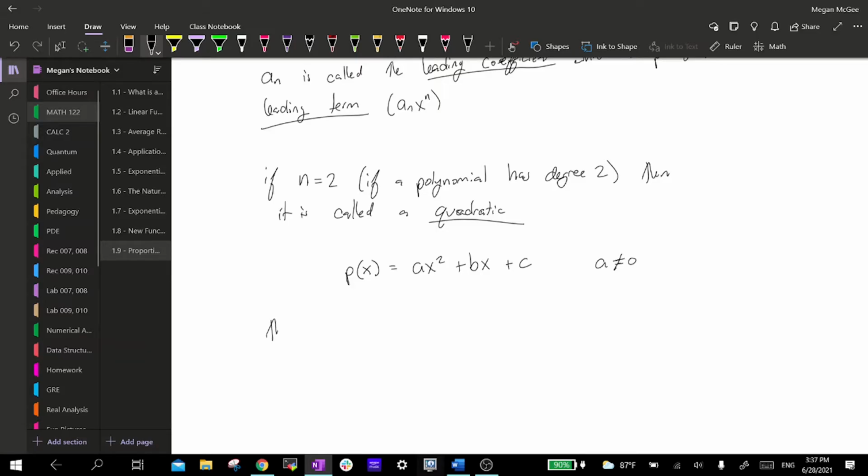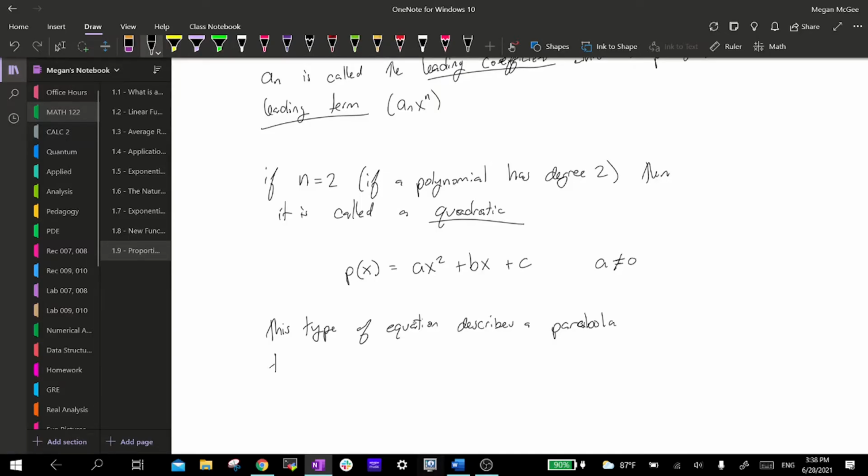All right, so this type of equation describes a parabola. All right, so one of these guys on a graph. That's a parabola. All right. It might open up, it might open down, depending on the leading coefficient.